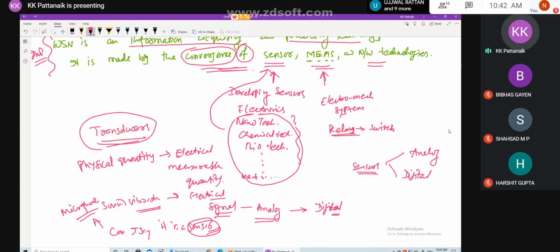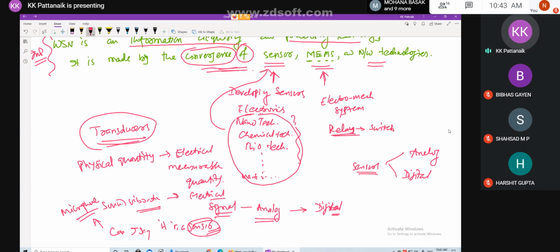Now when we say micro electromechanical systems, it means their size is very small, micro size. In that case, when we say MEMS, they can be chips, switching chips, which means the switches built inside the chip or integrated circuit will act very fast.